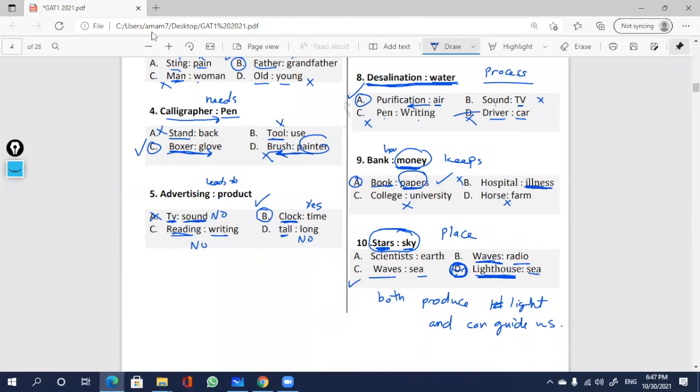Okay, now, Al-Jawhara, that's what I was saying. You can think, you can change the relationship here, because also here we have waves, radio. A radio has waves also, like sea waves also. We have here a sea also has lighthouse. Okay.